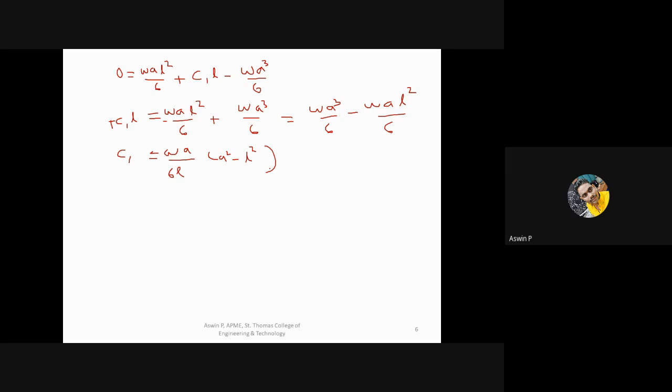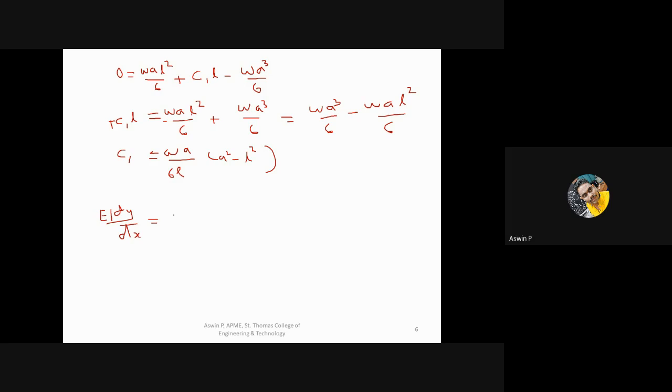Now you need to substitute it back into the slope equation. That is, taking the slope equation, EI dy divided by dx, that will become, this is the slope equation, what is the relation for slope? That will be WAL into x square by 2, like that, right?